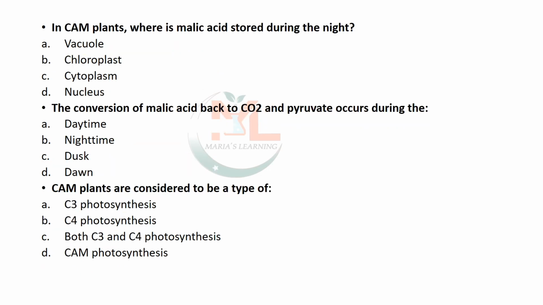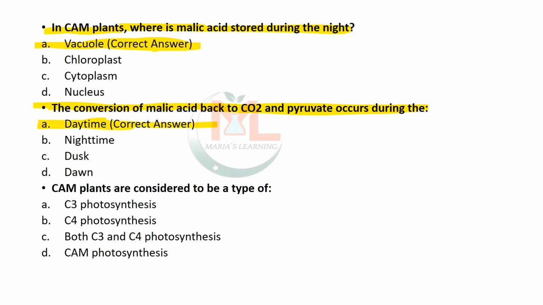Next question is in CAM plants where is malic acid stored during night? In the vacuole, malic acid is stored during night. The conversion of malic acid back to carbon dioxide and pyruvate occurs during daytime.